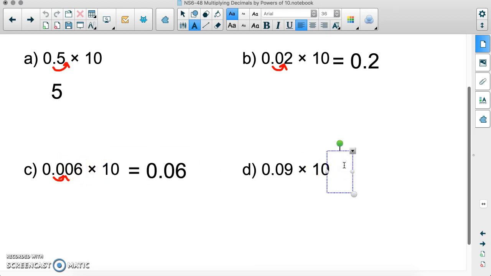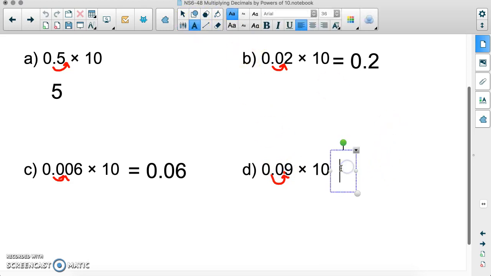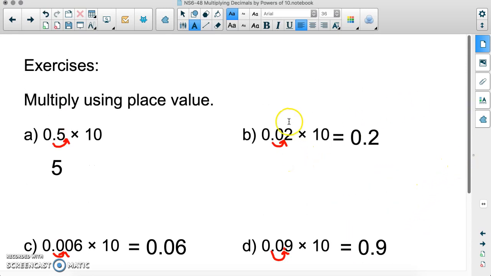Now if I have D, I have 0.009. I'm multiplying by 10. My decimal is moving one spot to the right, so my answer is going to be 0.09. Okay, so every time you multiply by 10, you're just moving that decimal one place to the right.